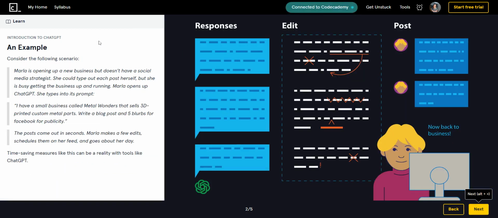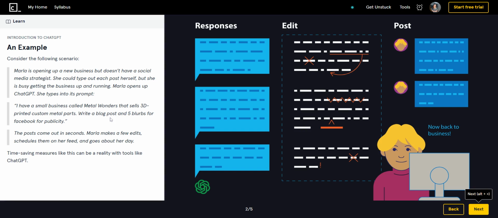An example, considering the following scenario. Marla is opening up a new business but doesn't have a social media strategist. She could type out each post herself, but she is busy getting the business up and running. Marla opens up ChatGPT. She types into its prompt, I have a small business called Metal Wonders that sells 3D printed custom metal parts.